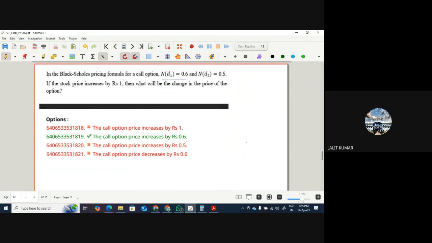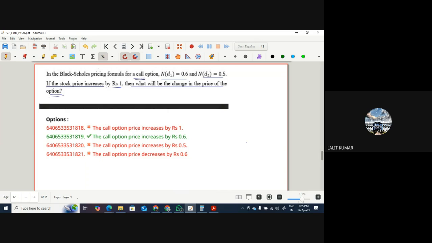ND1 is this and ND2 is this. If the stock price increases by ₹1, what will be the change in the price of the option? Here, what will be the change in the price of the option? And it is a call option.